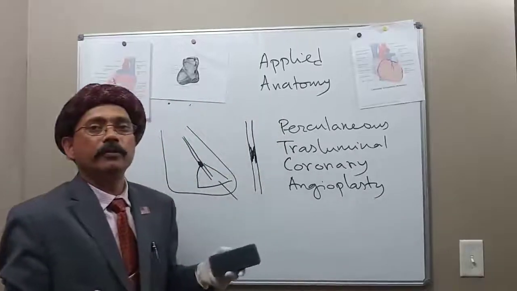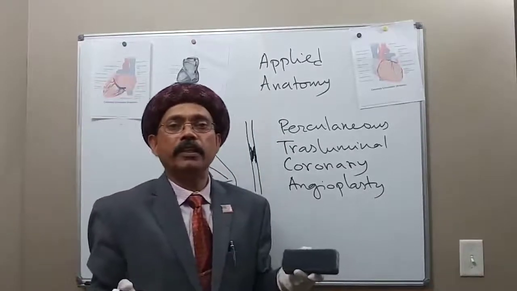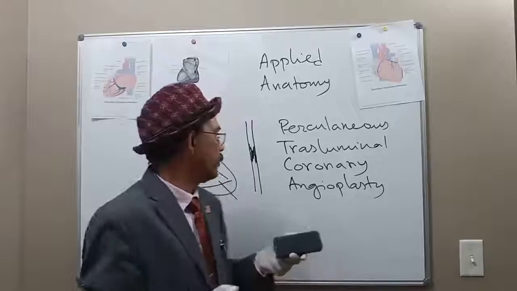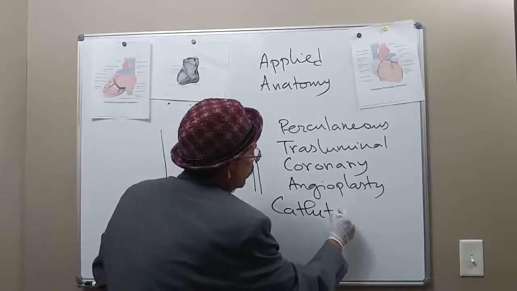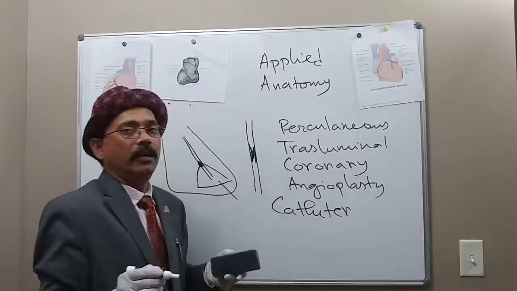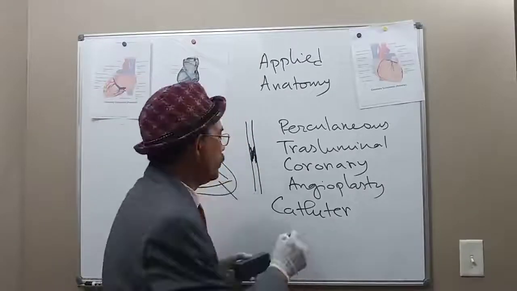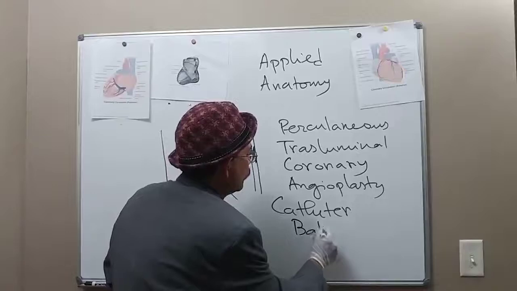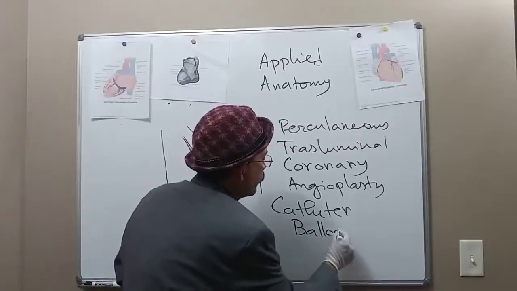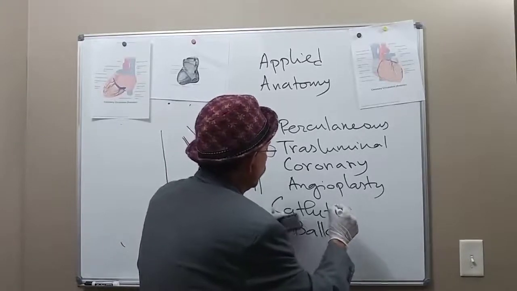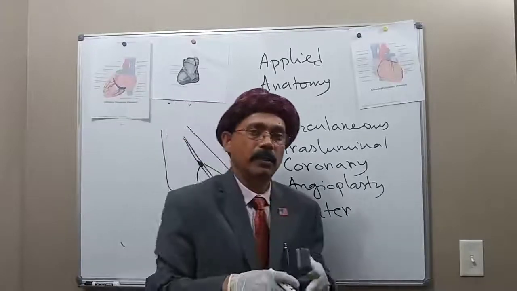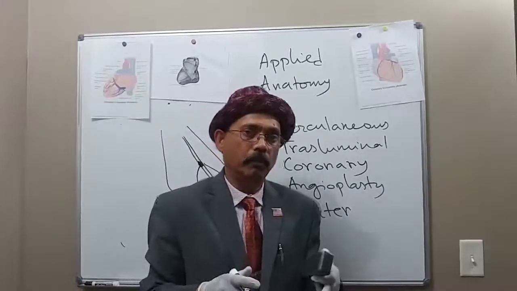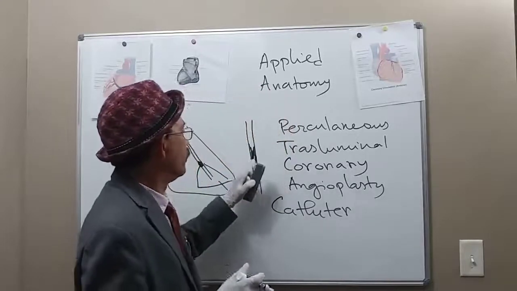What is the procedure? A catheter is passed to the blocked artery, and there is a balloon there. The balloon is inflated and the block is broken.